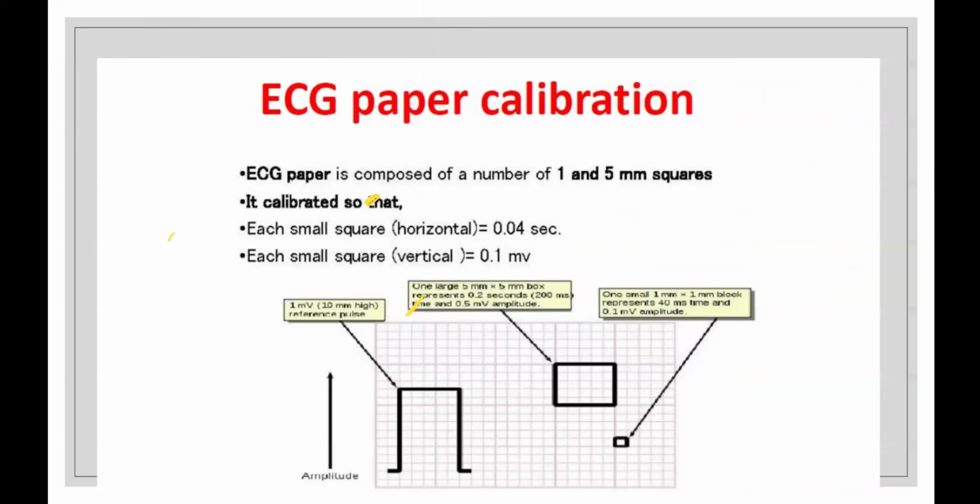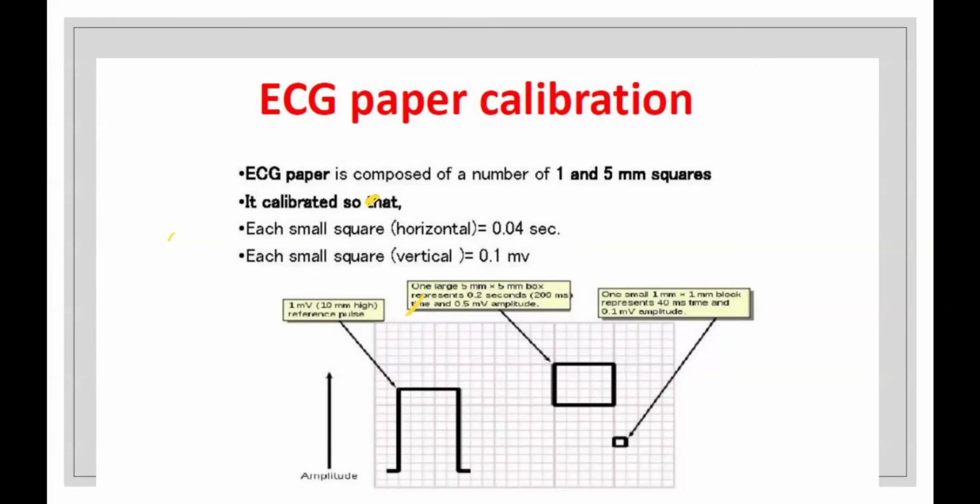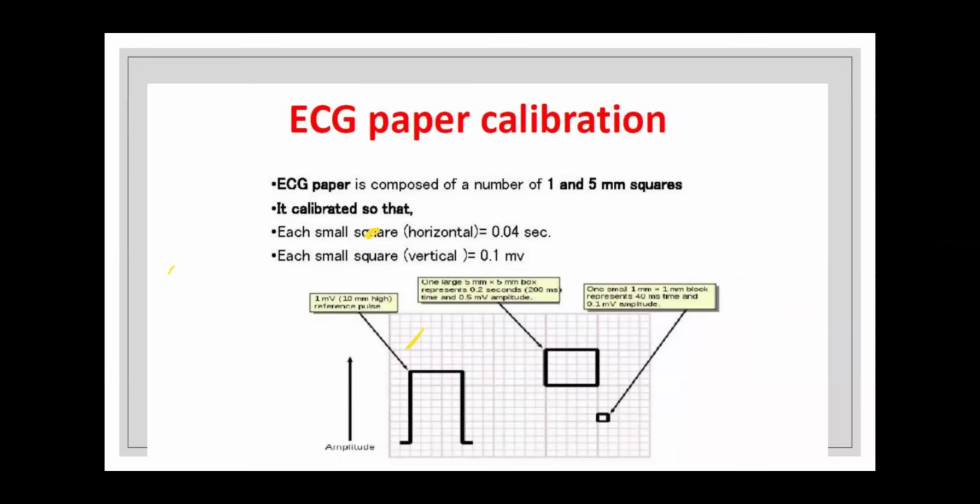The next is the ECG. How are you going to read an ECG? The first important thing is that you have to calibrate the ECG paper. So what is calibration? You can see over here, this red is the ECG paper, and in the ECG paper we have a very small box, this one, and then you have a large box.